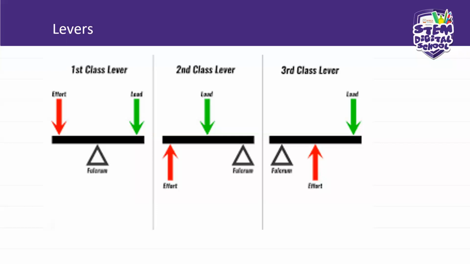So I want to just help you remember these classes of lever that you did in grade 7. You have your typical first class lever, like the one that you just saw on the previous slide, which we said is one where the fulcrum is in the middle.